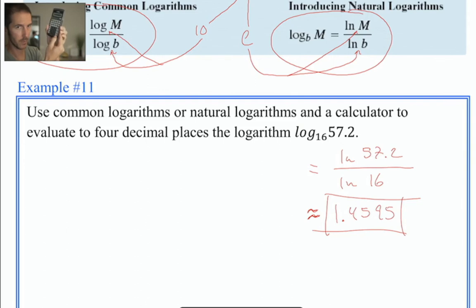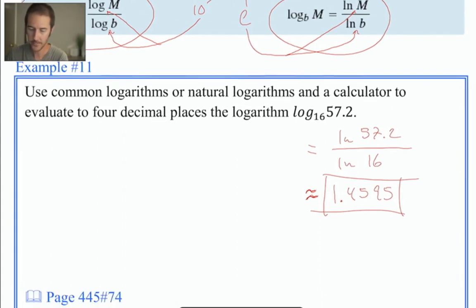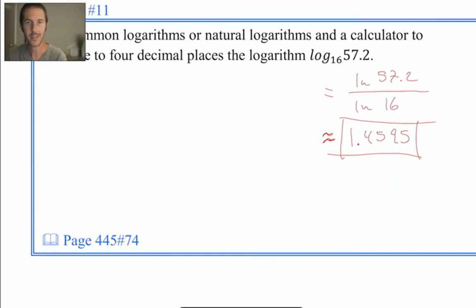On my screen now I see 1.4595 rounded. Oh, I got the same answer. Perfect. So it's a little unusual, the order of the keystrokes on a single line entry scientific calculator, but you can get the same answer. You just have to type it in the right order. So make sure you've got that down, and that is it.